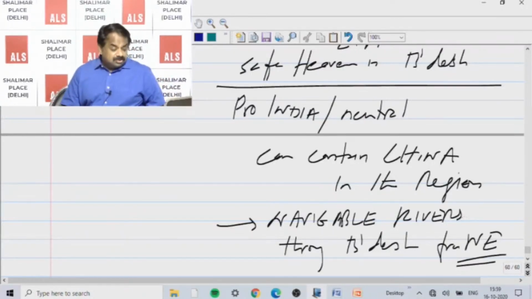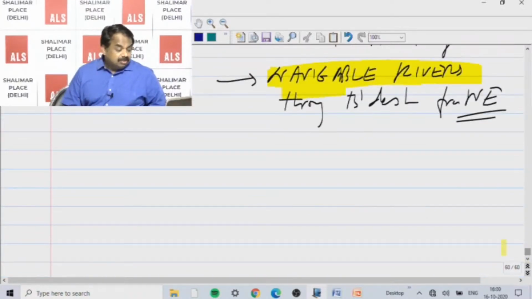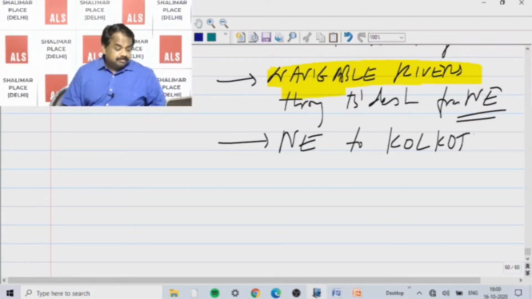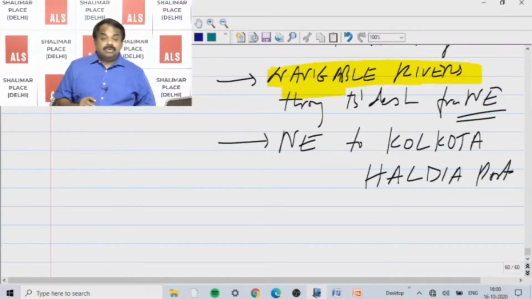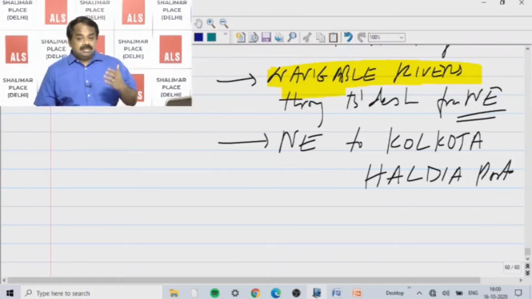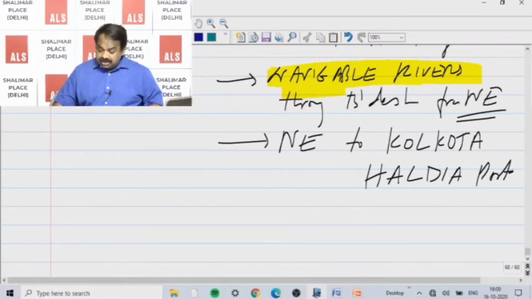So these navigable rivers will bring in faster and better connectivity from northeast to Kolkata or Haldia port. So this can help in improving the economic condition of the northeastern states.